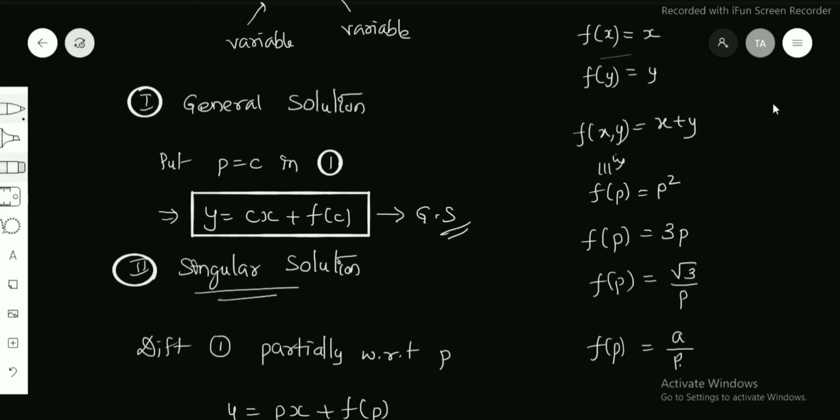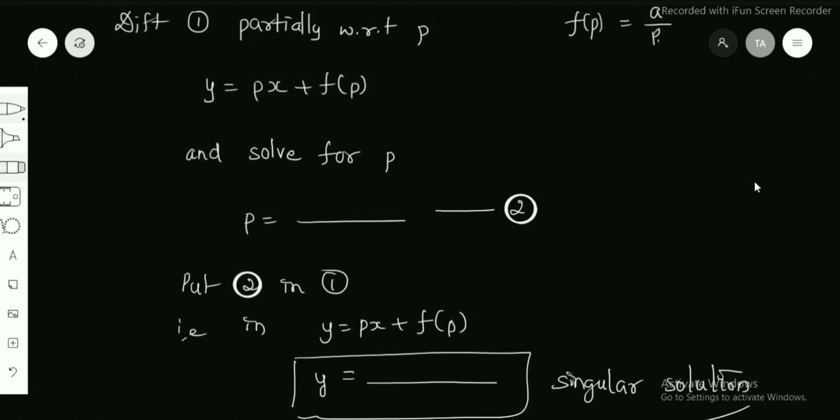That will be your general solution. To find out singular solution, differentiate 1 partially with respect to p and solve for p. You will get the value of p. That value of p you call it as 2 and substitute that value in the equation number 1. After substitution, whatever you are getting, that will be your singular solution.